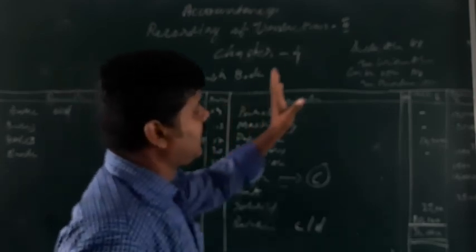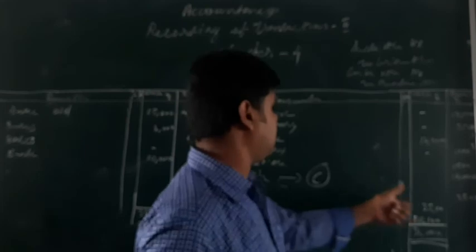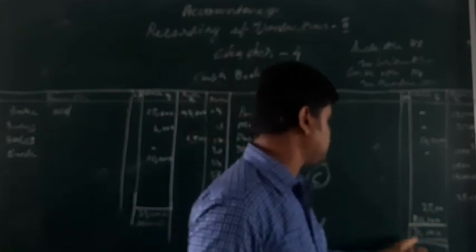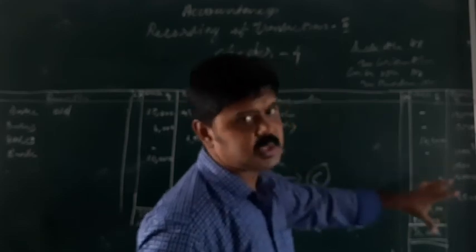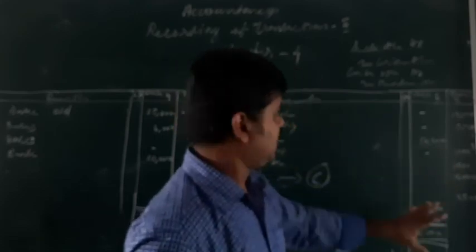C/d means carry down. Carry down means here we balance it. When the receipt side has more amount than the payment side, the difference amount makes it 31,000. That means this much rupees is excess now, and as cash we have this much rupees.